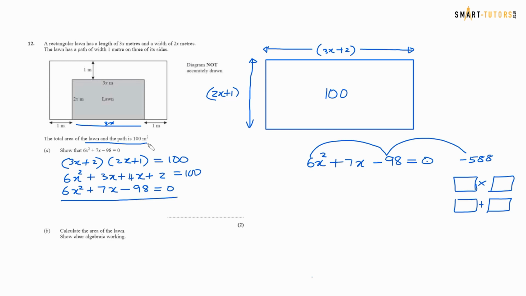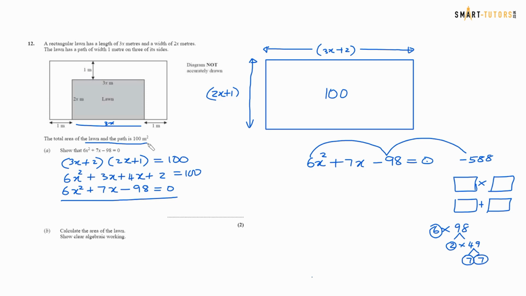If this question comes on a non-calculator paper, it is going to be really hard. So 6 times 98. I know 98 is 2 times 49, and 49 is 7 times 7. So these are the factors: 6, 2, 7 and 7.